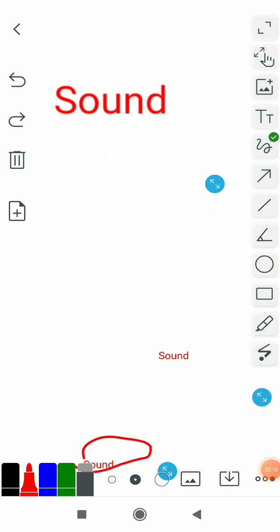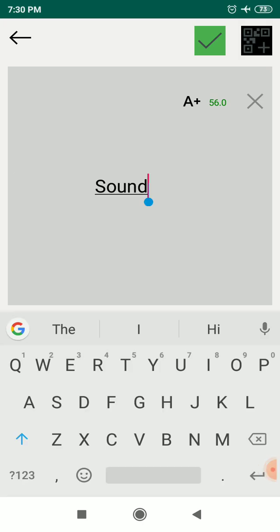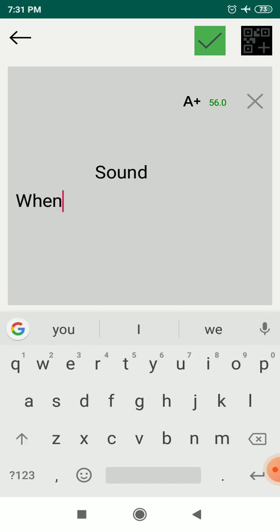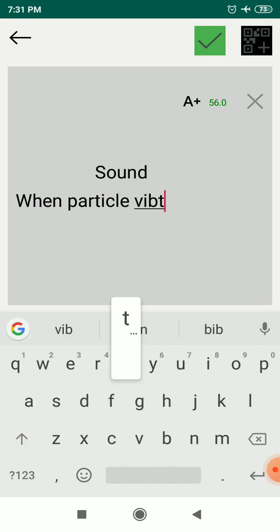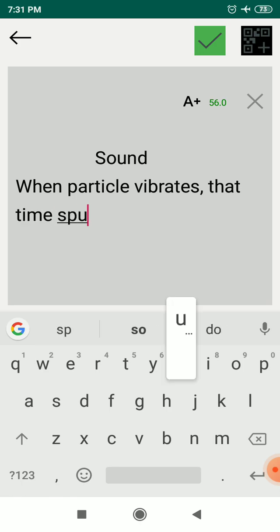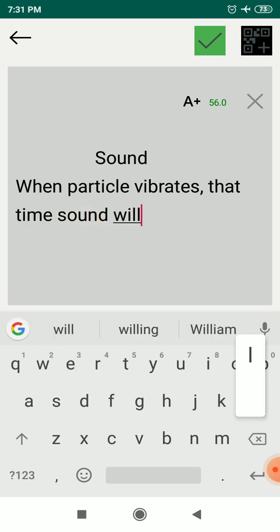What is sound? Whenever a particle vibrates, that time sound will be produced.